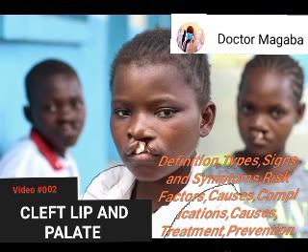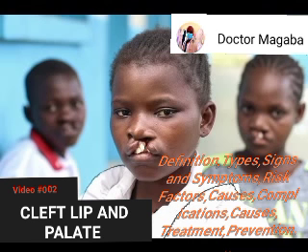The probability of cleft lip and palate increases if the mother is smoking during pregnancy. If your mother is a heavy smoker, you stand a high chance of getting cleft lip and palate. If you don't have it, then thank God, you're very lucky by God's grace. But if the mother is pregnant and she's smoking all the time, there are high chances of cleft lip and palate.